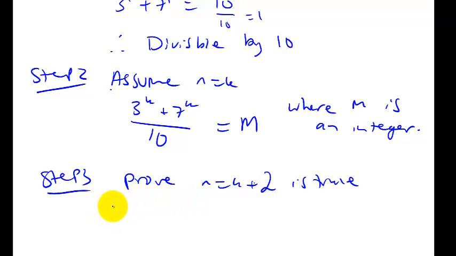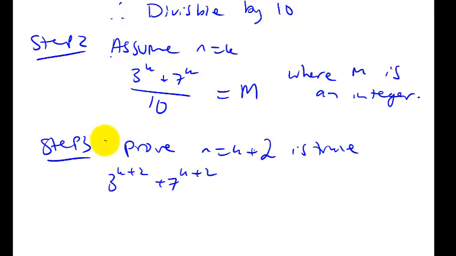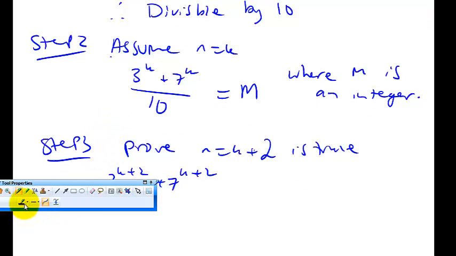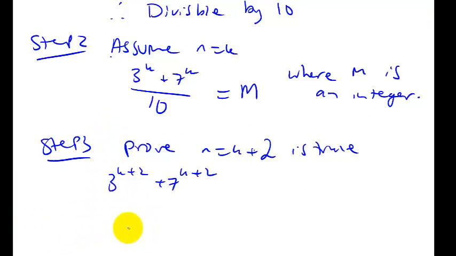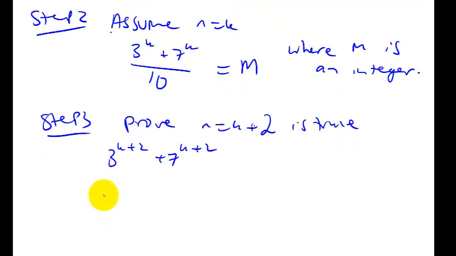So 3 to the power of k plus 2 plus 7 to the power of k plus 2. All good? I should have left some more room there, but too bad right now. We'll just do it in this color. I'm trying to bring this in somehow, but you don't know what you're going to manipulate.